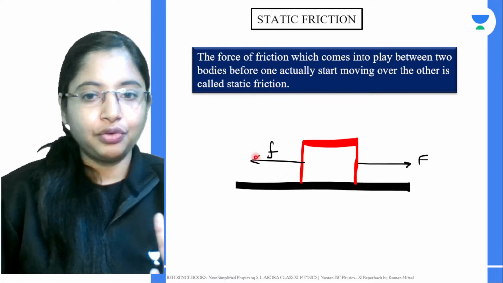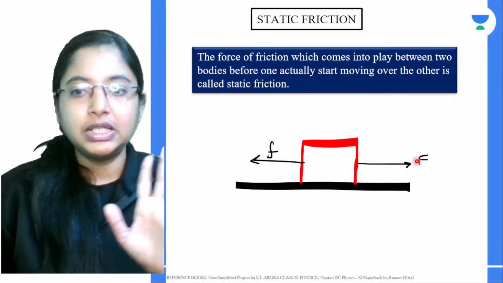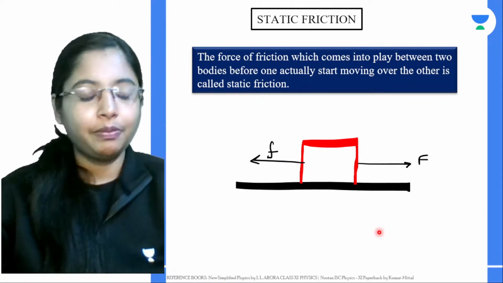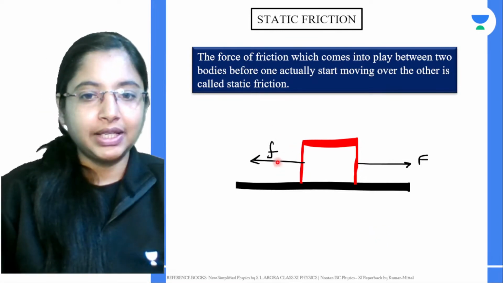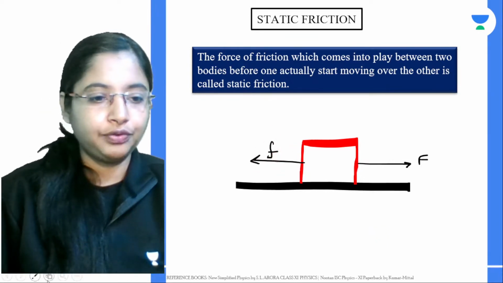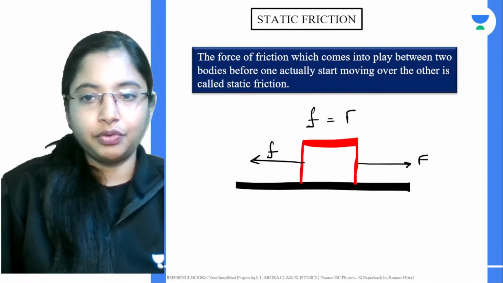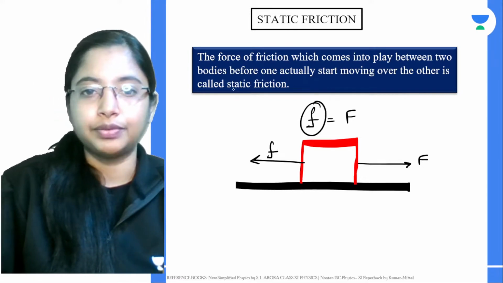There is a friction force acting opposite to the force applied, but that friction force is equal to the force applied. So this force in this case will not make the object move. This force which is equal to the force applied is what we call static force.